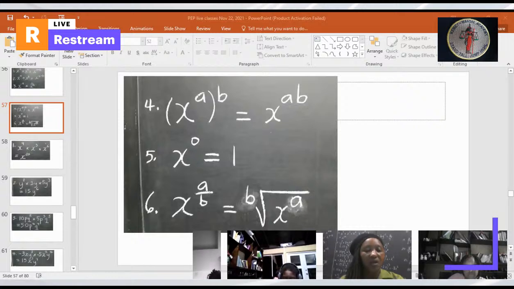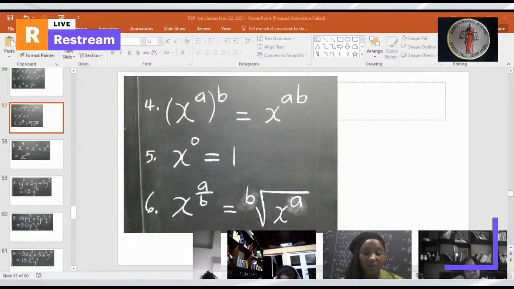Number 6, x to the power of a over b. So what happens here? Raising the base to a fractional power. The numerator, the number at the top of the fraction, is the power you raise the base to, and the denominator tells you the root you're going to find.